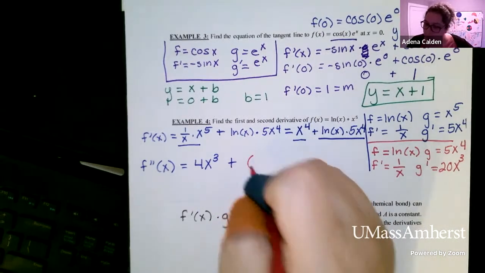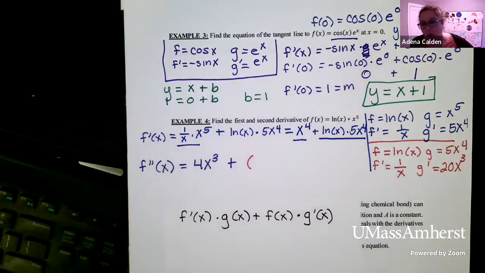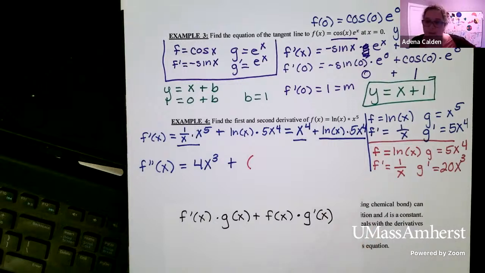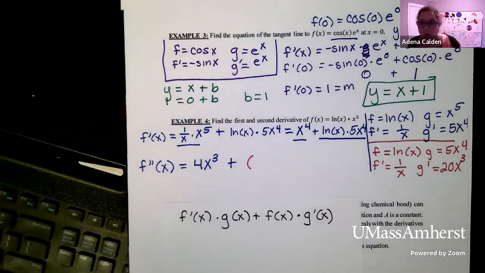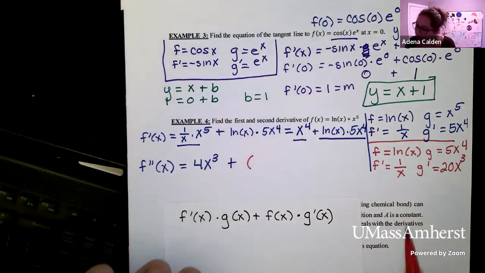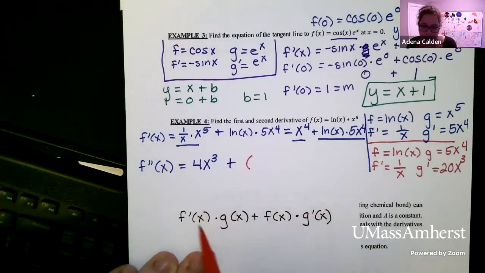Whenever I do a product rule within a longer function, I always put the solution in parentheses to help me remember what is connected to what. You don't have to do that, but I find it to be helpful, especially if sometimes a negative is part of the function. You don't want to lose anything. So I'm going to use parentheses and then fill in my product rule formula here.